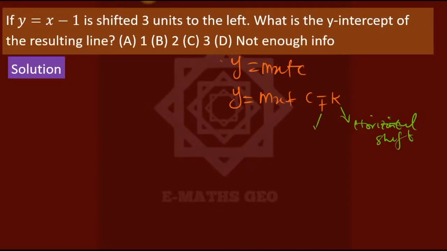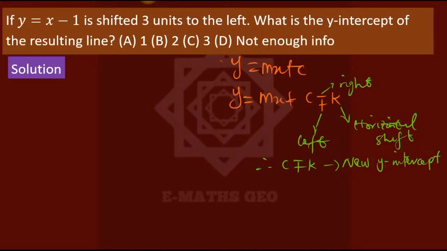Plus is left, minus is right. So the slope is always the same. Therefore, c minus plus k is the new y-intercept.